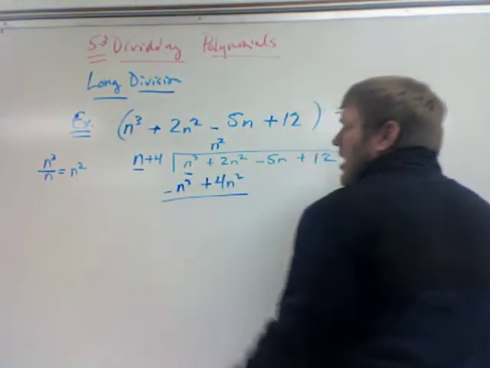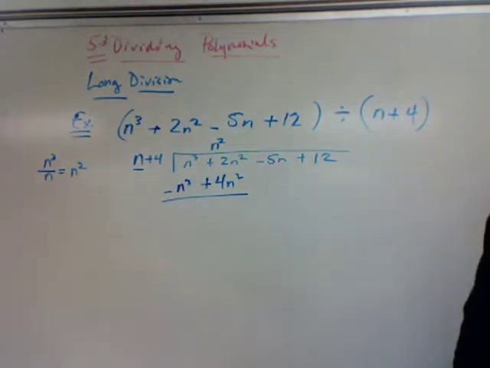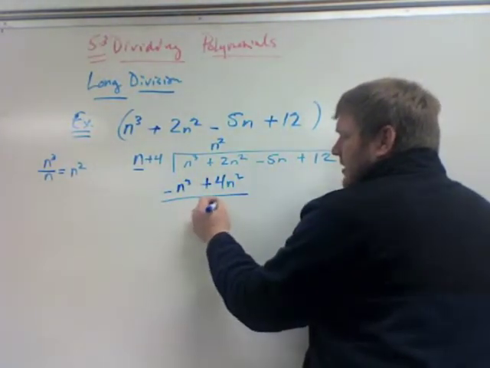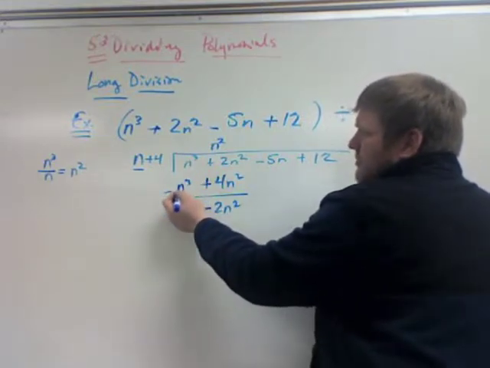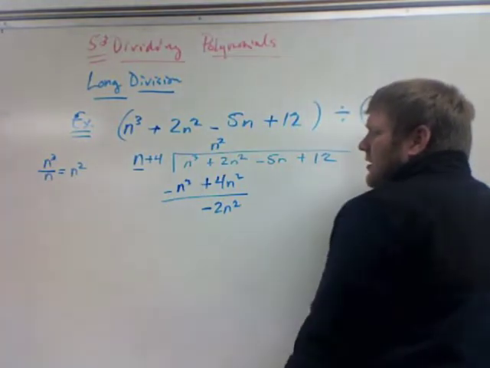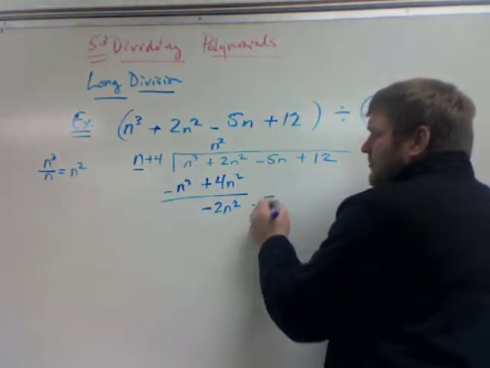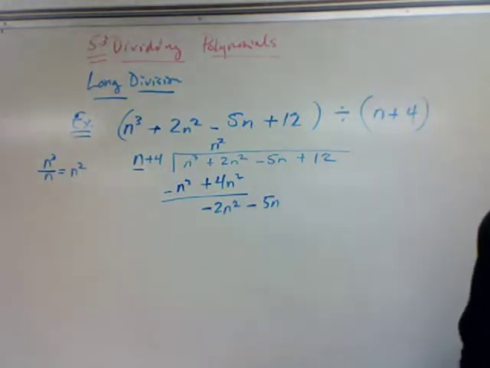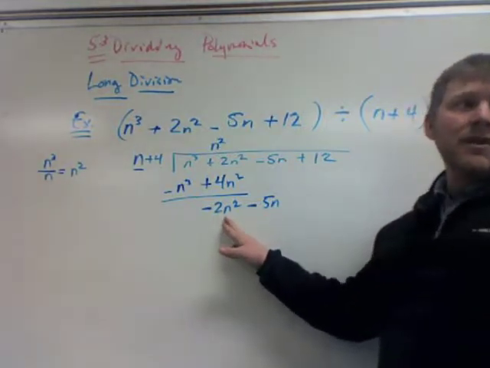And then I go ahead and subtract. Okay, subtracting 2n squared minus a 4n squared, I get negative 2n squared. N cubed minus n cubed is 0. Now I go ahead, just like I do normally, I bring down the next value. And I repeat the process all over again. Okay? So now I take the first term in my dividend here.